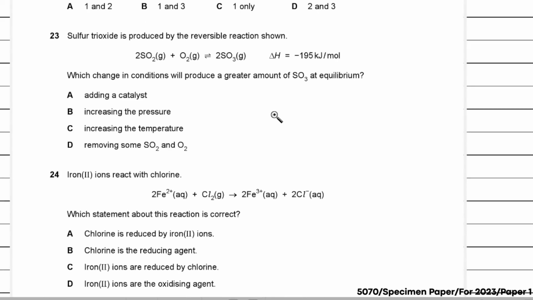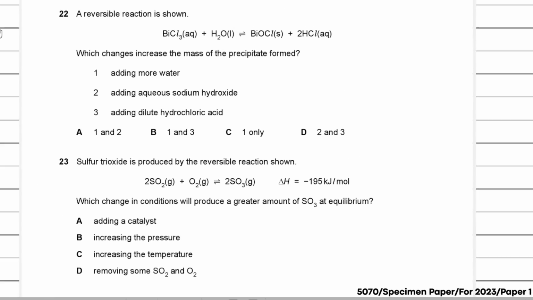Moving on to number 22. A reversible reaction is shown. Which increases the mass of the precipitate formed? So we need to know that the products must be higher in yield. So, adding more water.